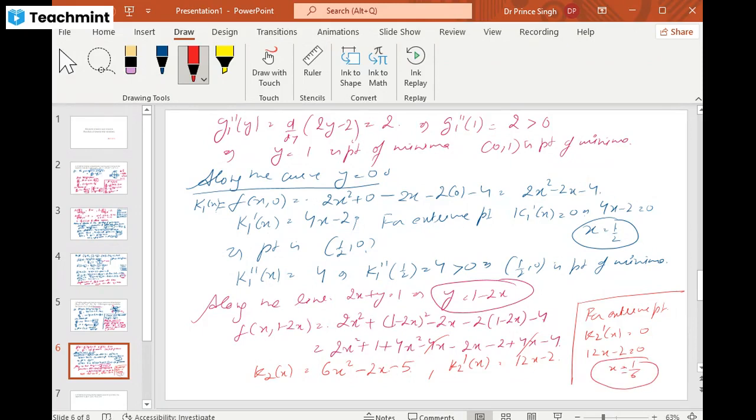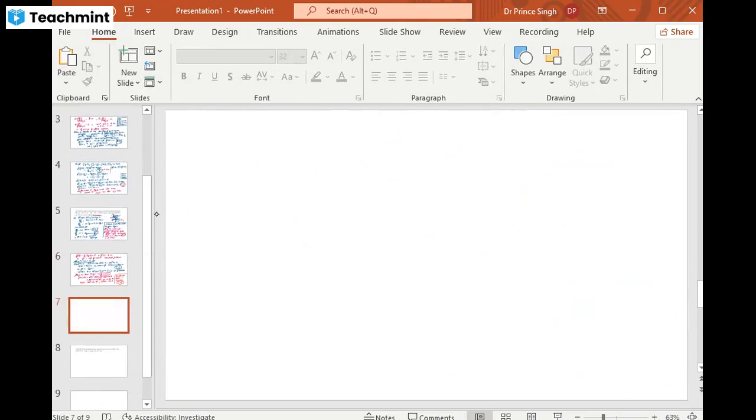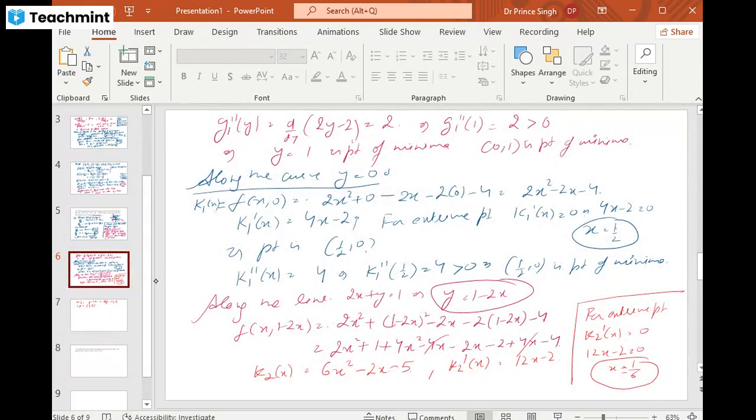If x equal to 1 by 6, then what is the value of y? Your curve is y equal to 1 minus 2x, so it is 1 minus 2 times 1 by 6. Its value is 1 minus 1 by 3, that is 2 by 3. Therefore the critical point is (1/6, 2/3), which lies on the line y equal to 1 minus 2x.